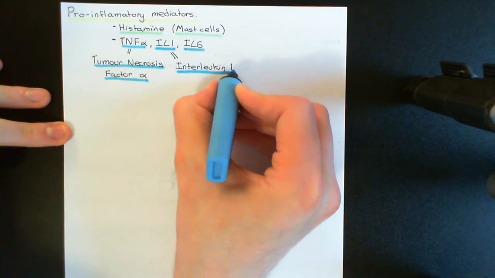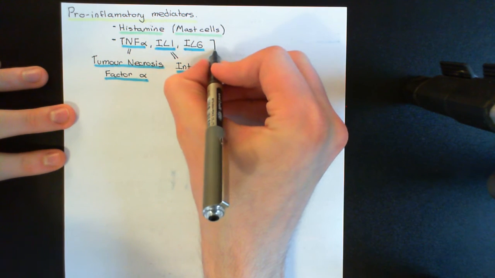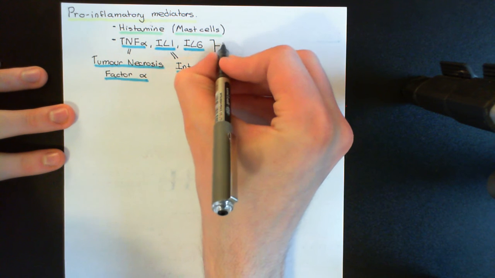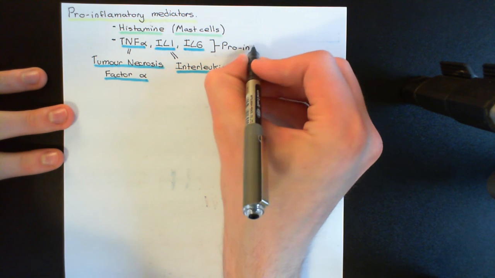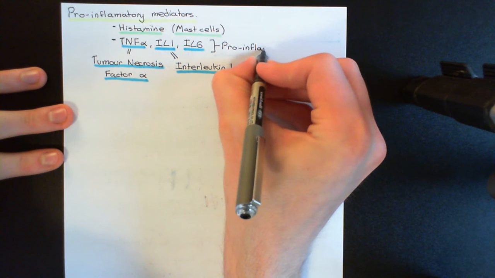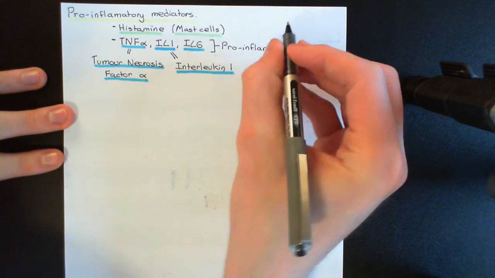Okay, so collectively these three molecules, which are proteins by the way, are known as pro-inflammatory cytokines, and as I say, you could add a huge number of other proteins onto this list of pro-inflammatory cytokines that are released by sentinel cells, but these are the absolutely major ones.